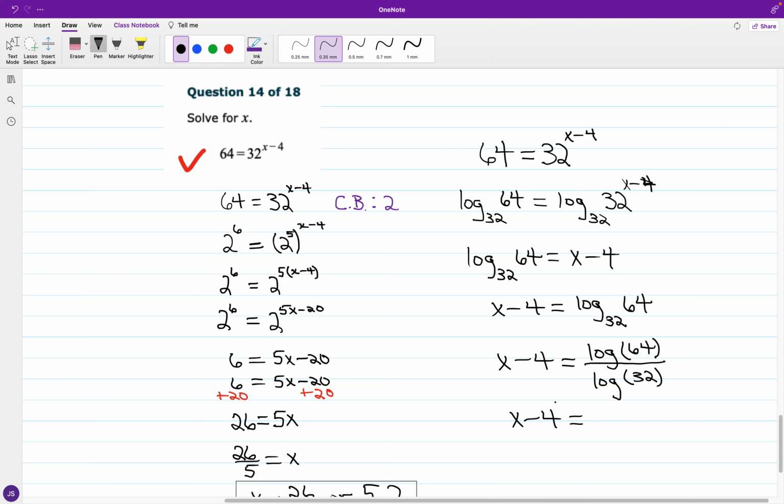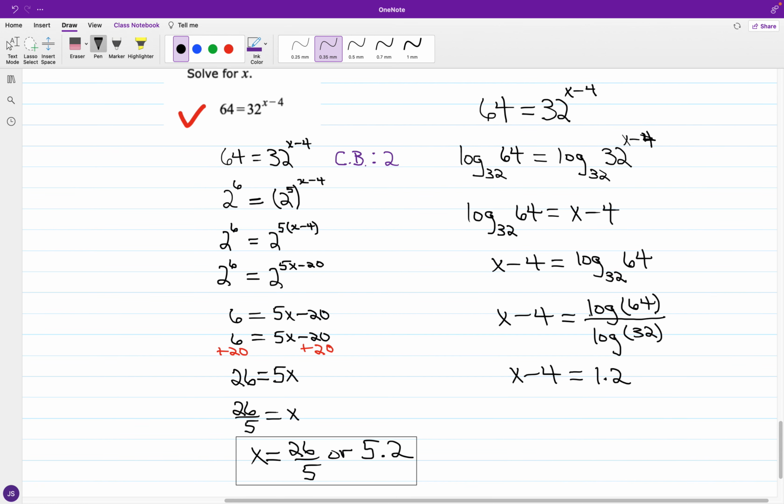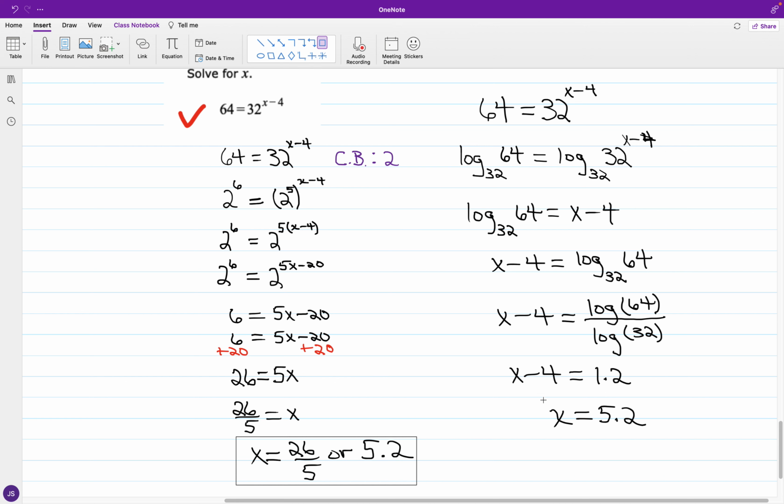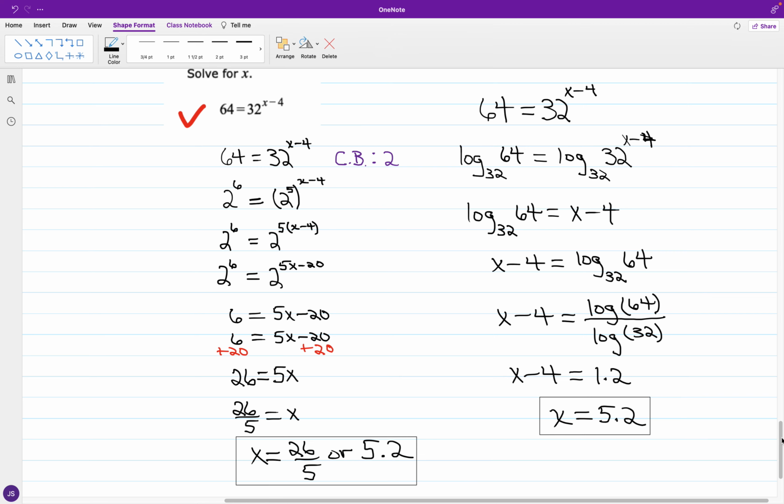And this will end up as a terminating decimal, which should be 1.2. And guess what? With x minus 4 equal to 1.2, we still come out to x equal to 5.2. So this is another possible avenue in terms of solving for x in this type of problem.